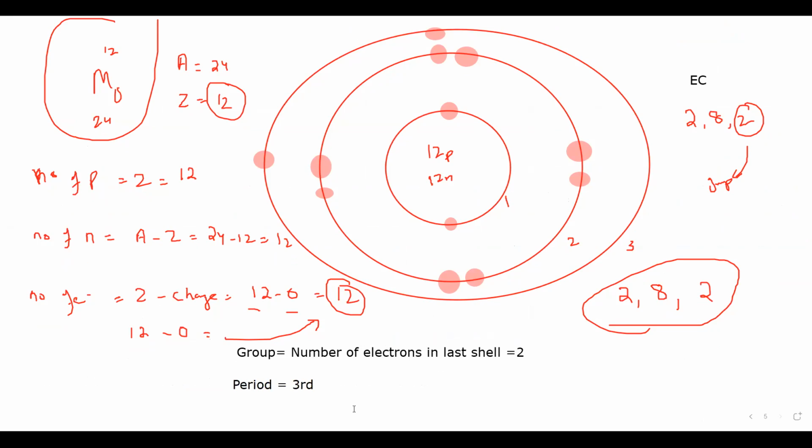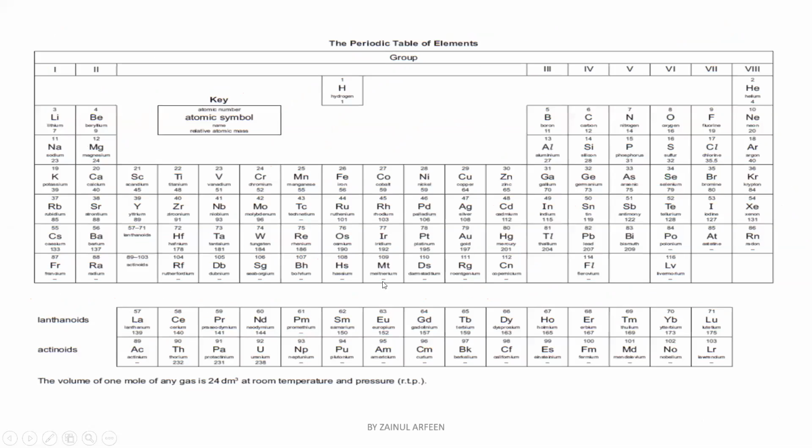And you can see in a periodic table, as we work out magnesium, here we have magnesium. When you check the group number, it belongs to group 2. And when you check the period number, this is period 1, period 2, and period 3.